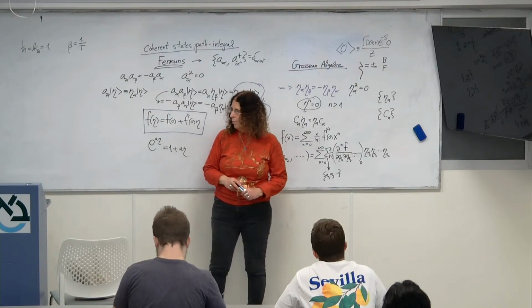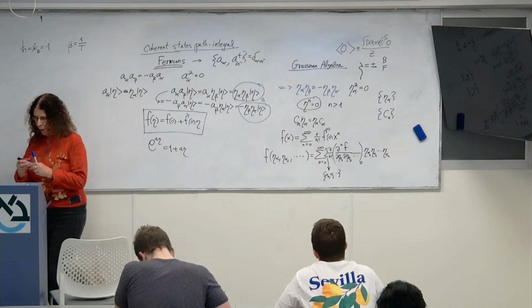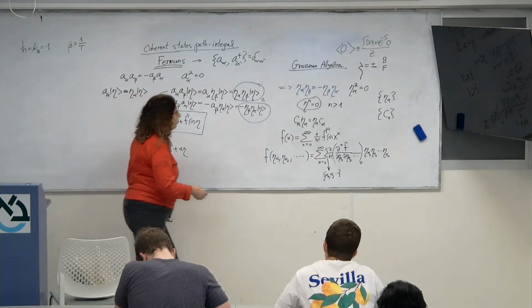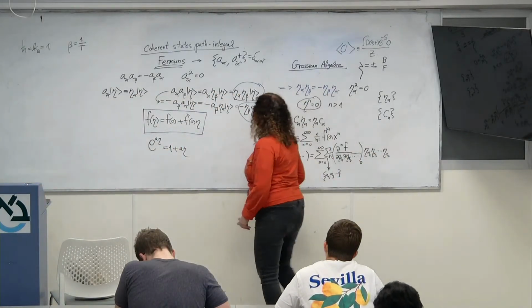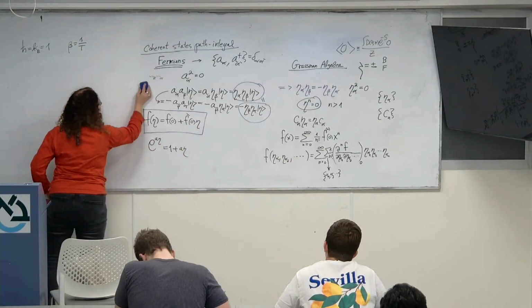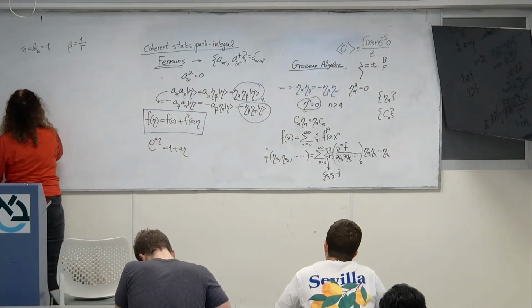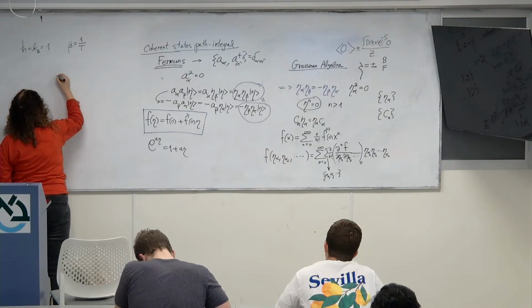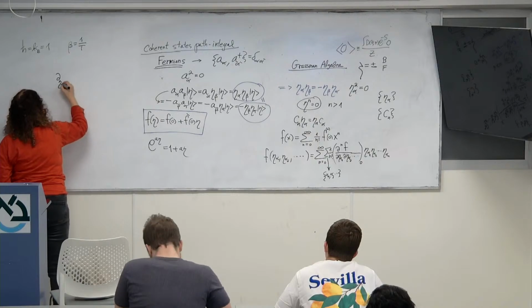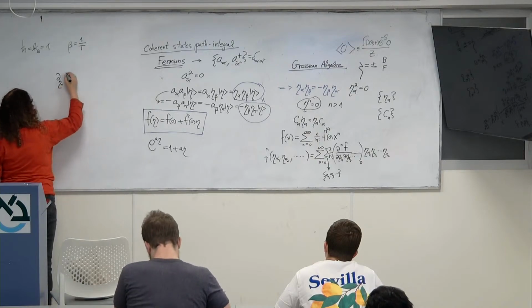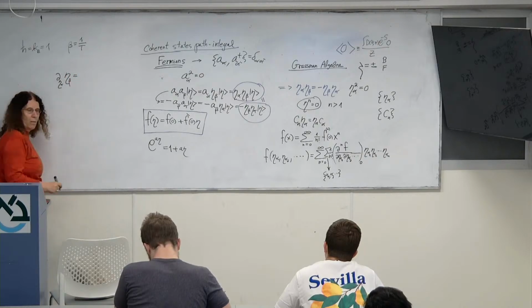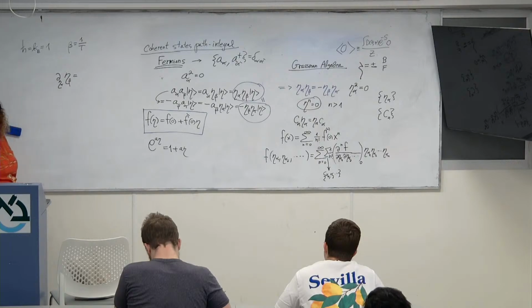So I want to define the operation D eta alpha acting on eta beta. What is this? Let's first think in a simple way.